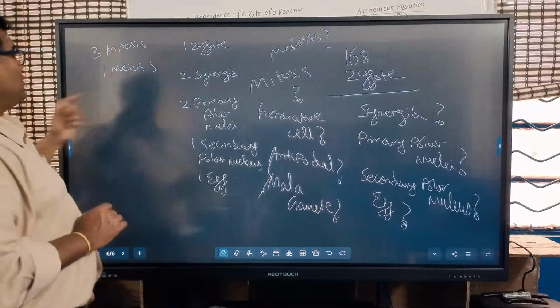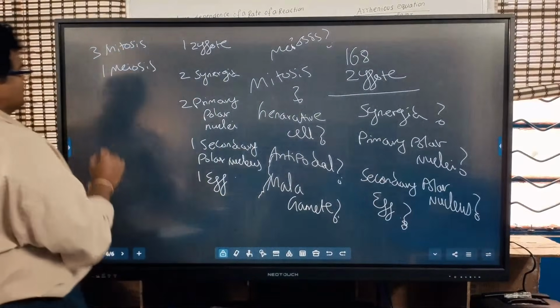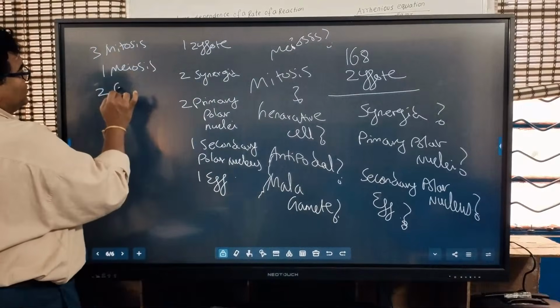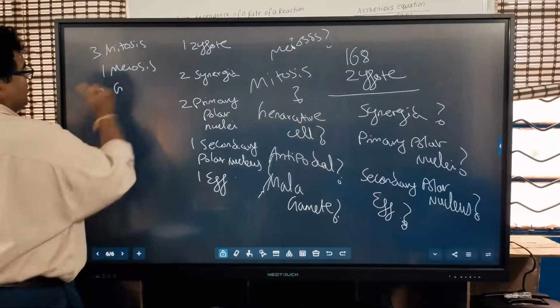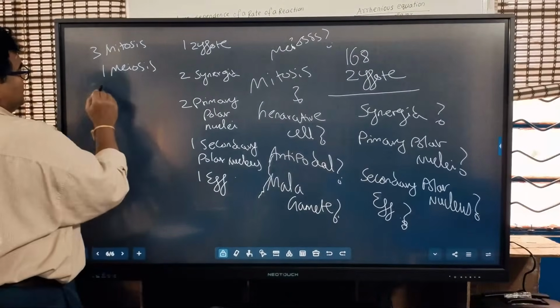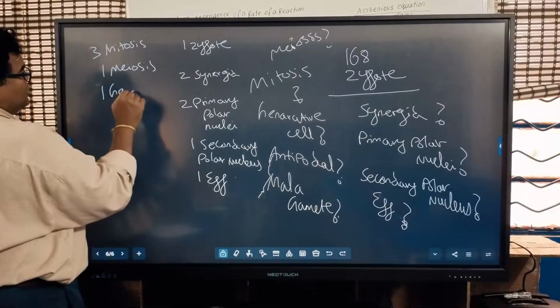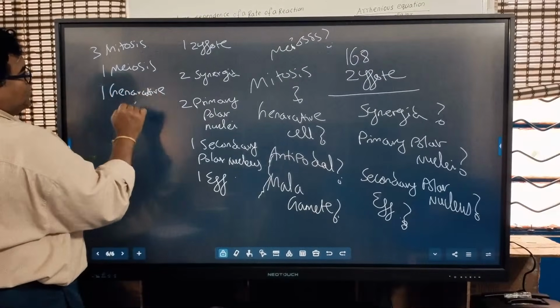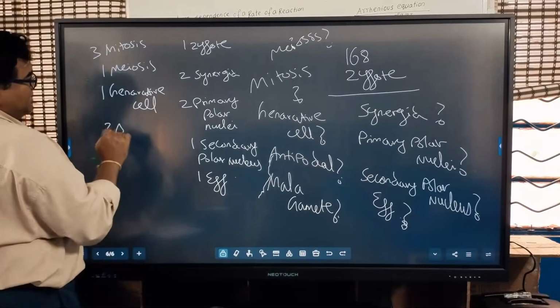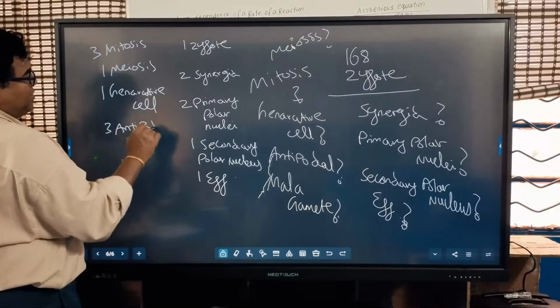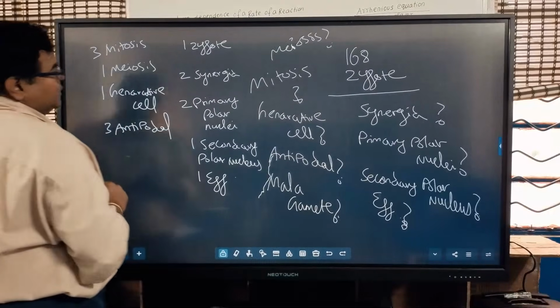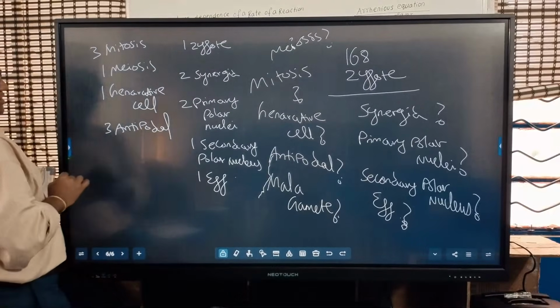So one meiosis, and one generative cell. You should not say only one generative cell. Three antipodals are formed, but they do not support zygote formation; they are formed along with the others.